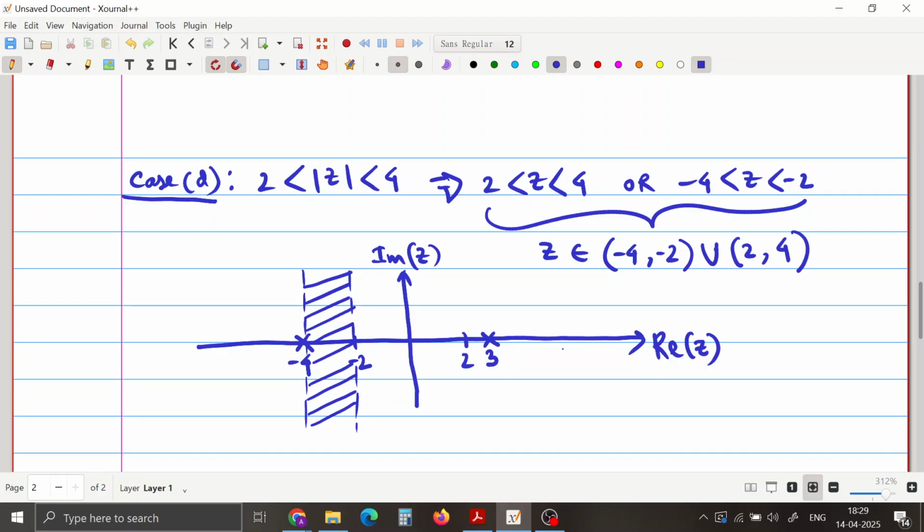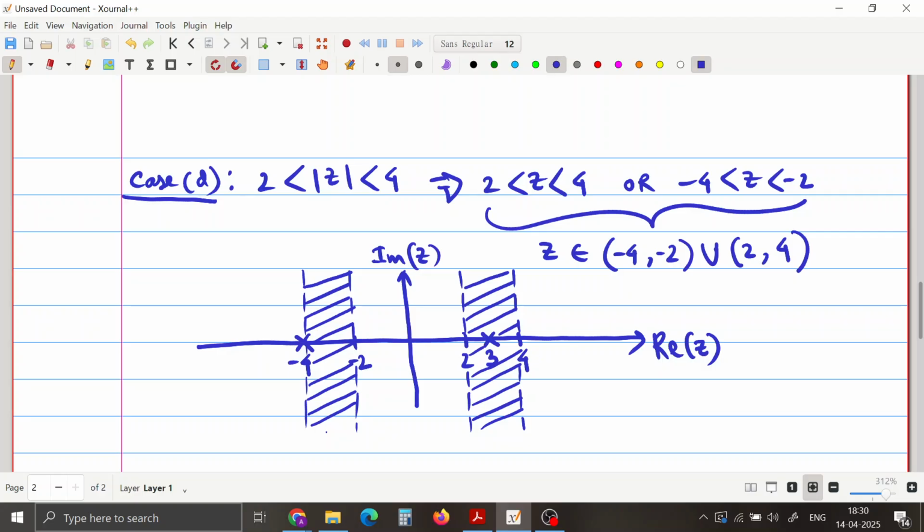Okay, and another portion of the ROC on the positive side is from 2 to 4. So 4 is, let's say, somewhere here. So 2 to 4 means like this.